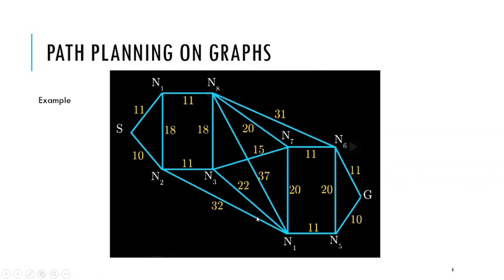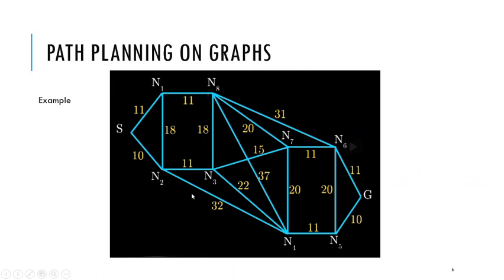A simple way to think of the cost is as being equal to the length of the edge. So the edge that is shorter is just the distance, 11 units here, and the one that is longer, you can see over here, is 37.